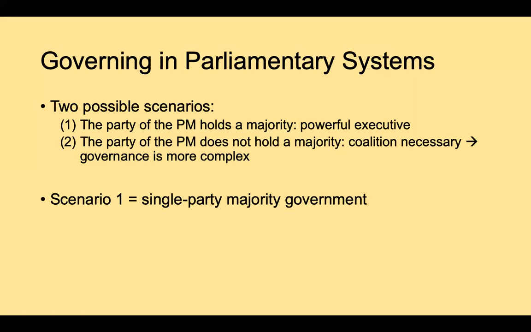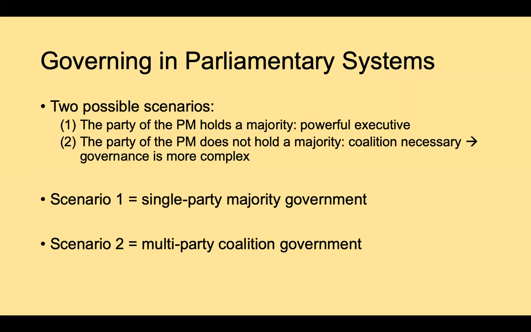This first scenario, though, is what we would refer to as a single party majority government, where a single party forms the legislative majority and then enjoys the power to choose a prime minister and a set of cabinet ministers from their party. The second scenario is the scenario of multi-party coalition government.